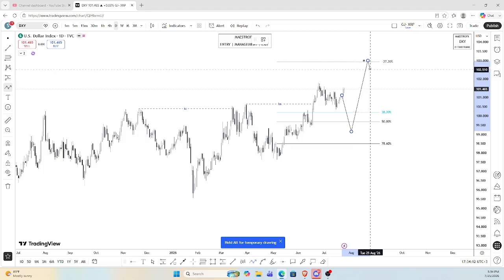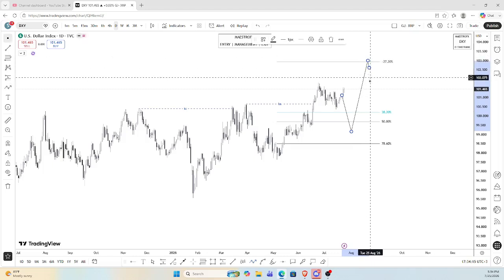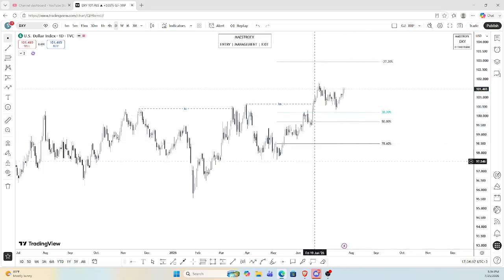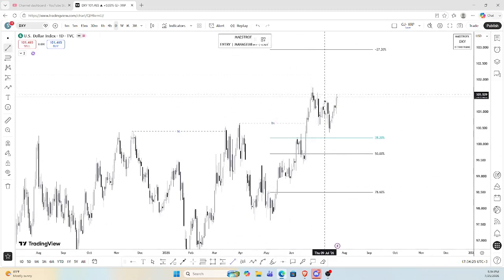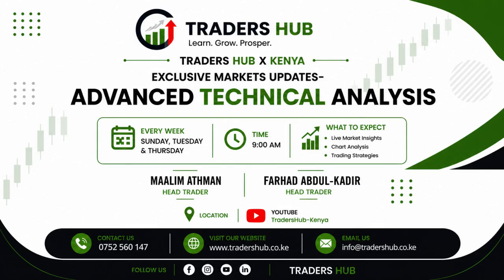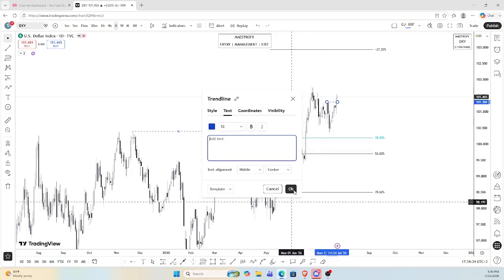But that did not happen, and you can see that even on the daily time frame we had a break of structure to the upside here, which is more clear on the 4-hour time frame. We're going to see it there.